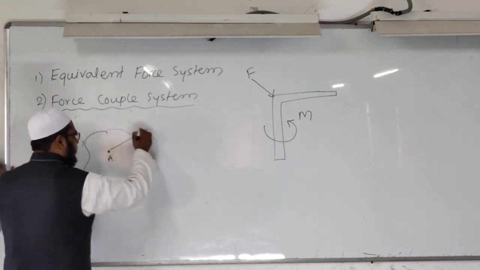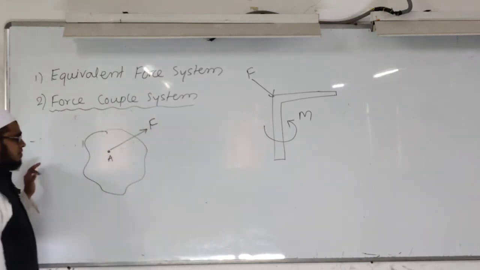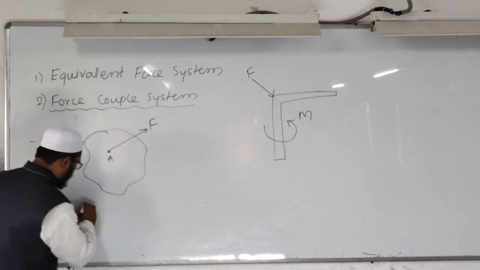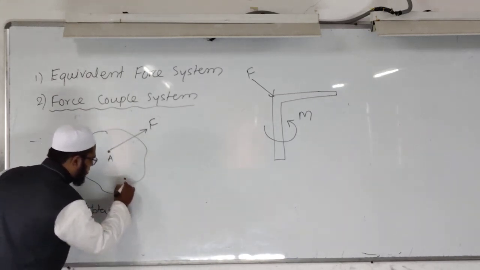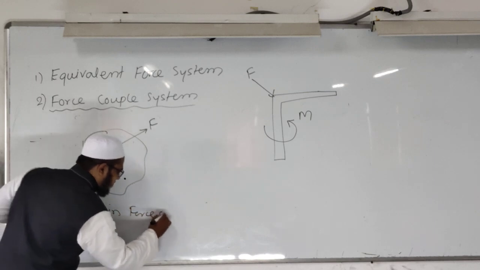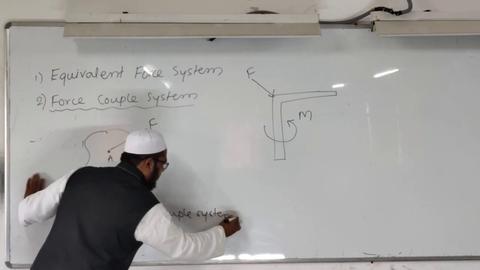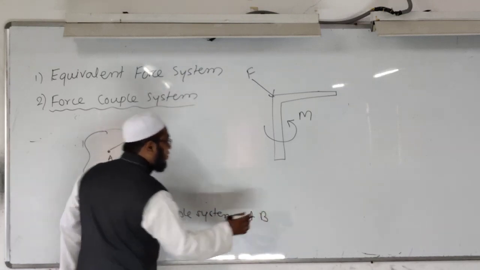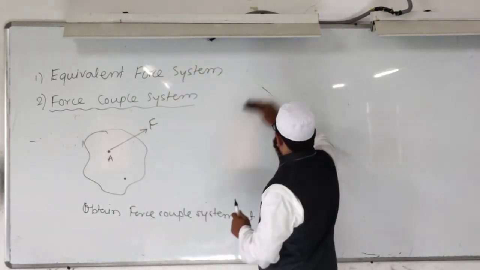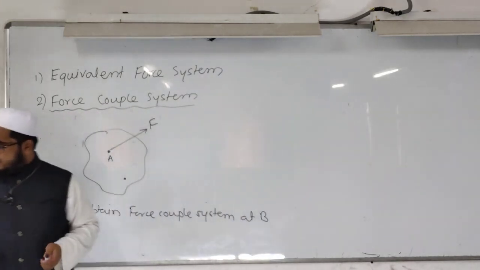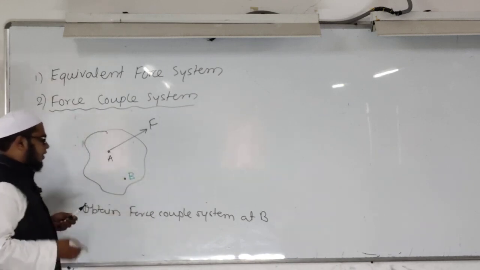Consider at point A force F is acting, and in the problem statement, we have to obtain a force couple system at point B. You have to obtain the force couple system at point B.